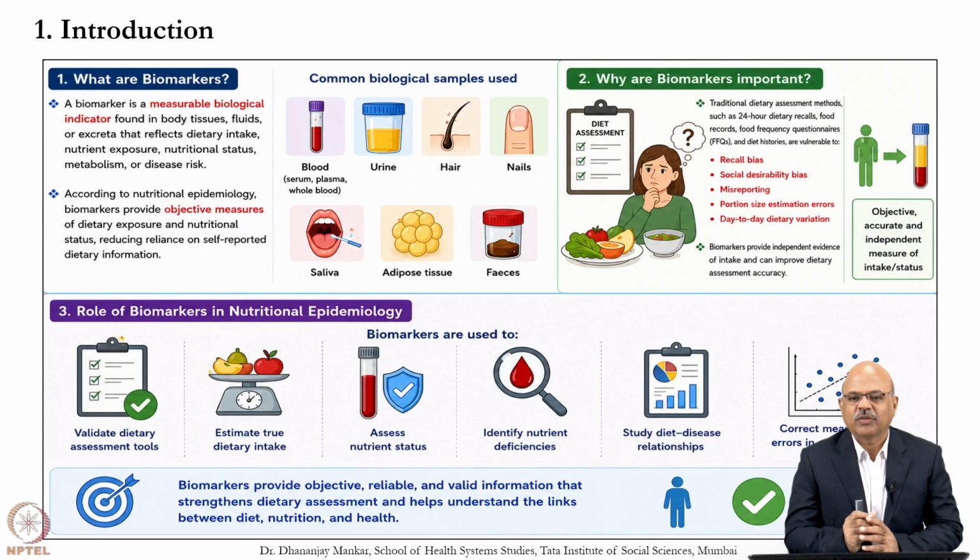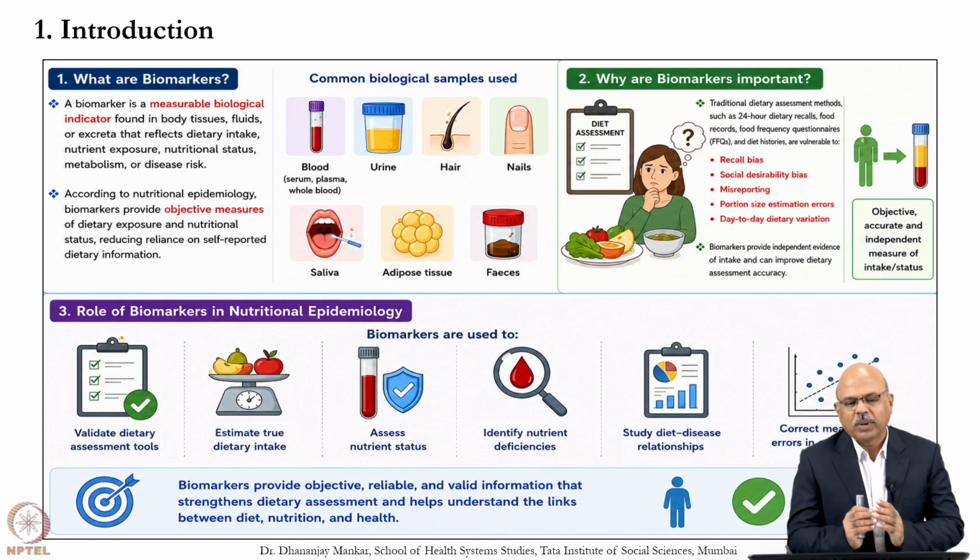Day-to-day dietary variations are very common in countries like India. So biomarkers provide independent evidence of intake and can improve dietary assessment accuracy, which is a need. So you can say that biomarkers are objective, accurate and independent measures of intake and status.